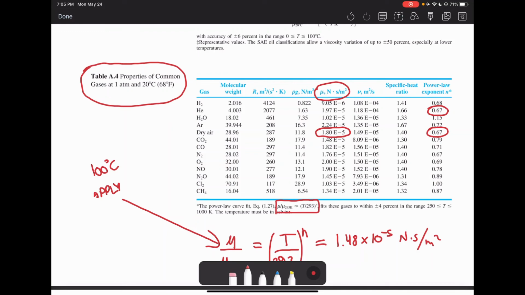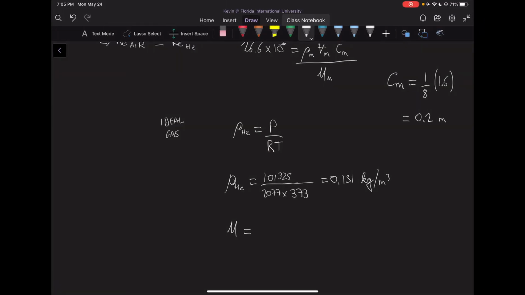And we get that mu is equal to 2.32 times 10 to the minus 5. Okay, it's really important to know that mu has to be changed with that power law as well. So we use that power law in the same way, and I'll let you do that in your own time to make sure that you know how to do it.